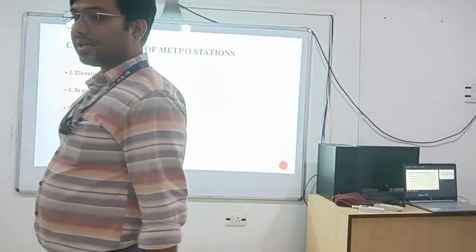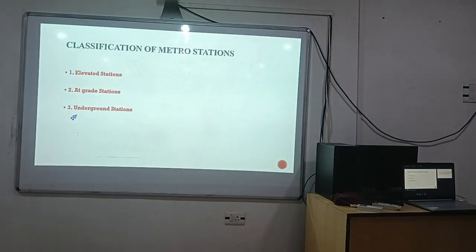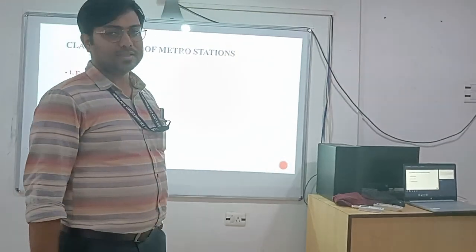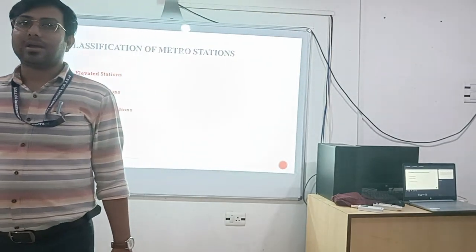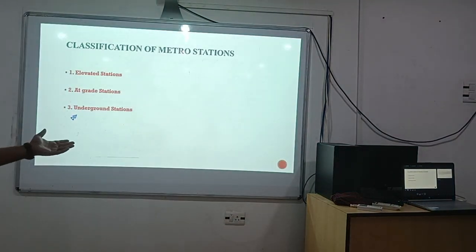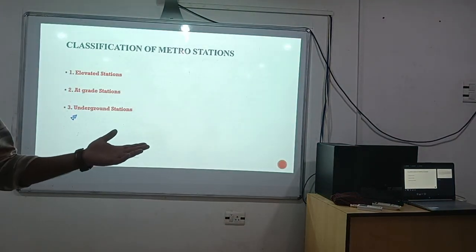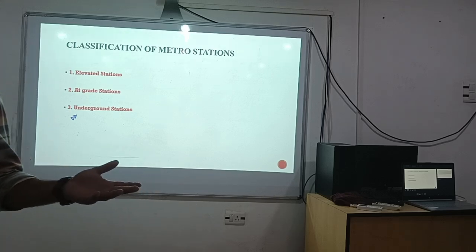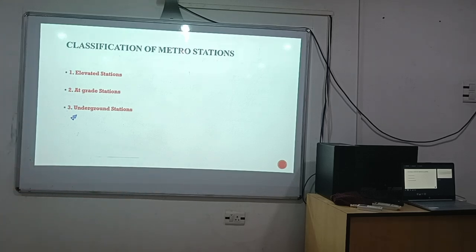Okay, so these are the salient features for the classification of metro stations and metro routes, and where we can opt for any class of station or any class of metro system.